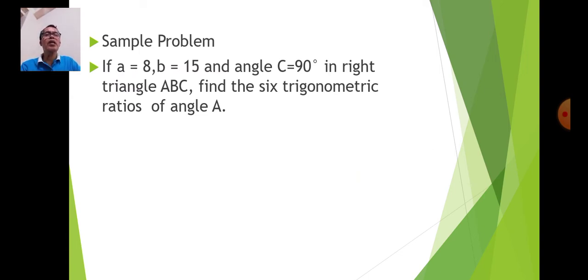Now, for example, we are given a right triangle ABC where A equals 8, B equals 15, and C equals 90 degrees.